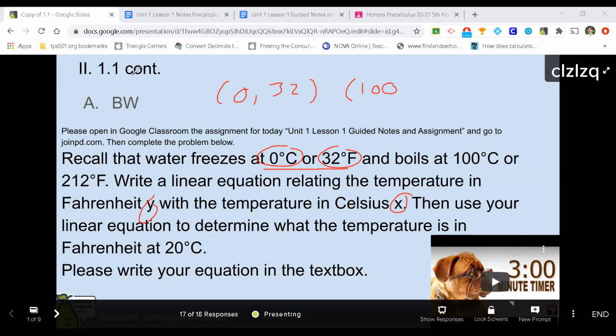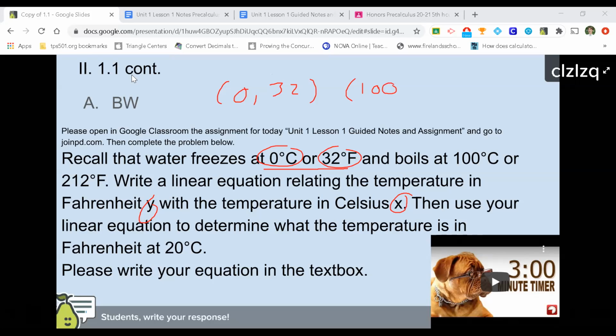Oh, geez. I feel like I need dual monitors. Okay, that's the second point. So this is your first X, first Y, second X, second Y.